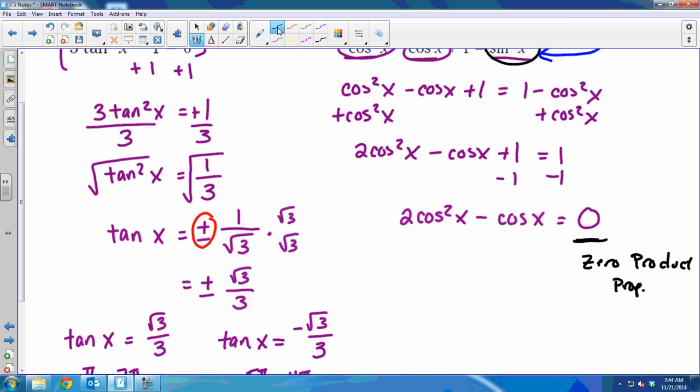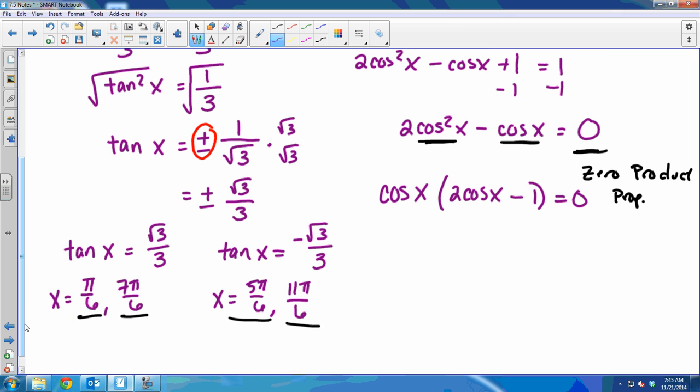So if we're factoring, note that there is a cosine in each term, so they have a cosine in common. I'm going to take a cosine x out. That leaves 2 cosine x minus 1 equals 0. And so now I can split this into 2 factors and set them both equal to 0.